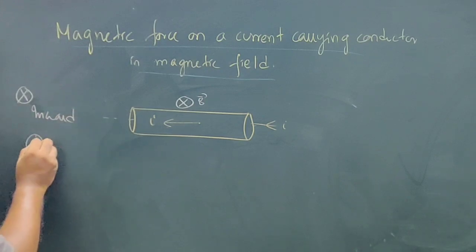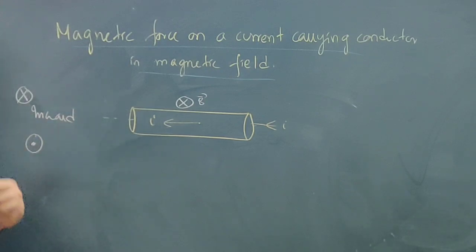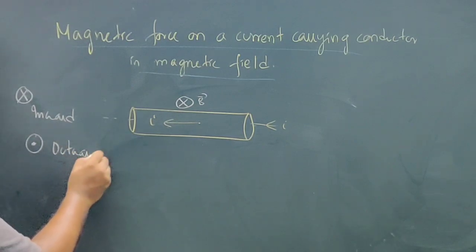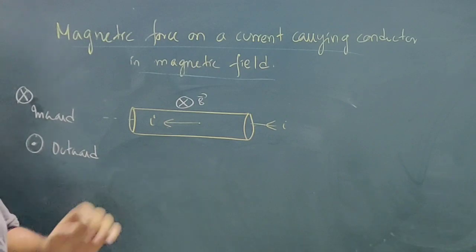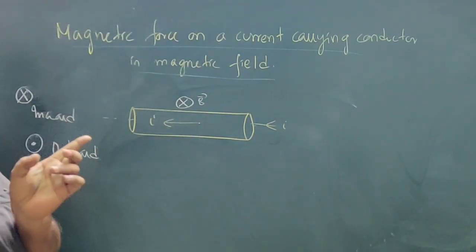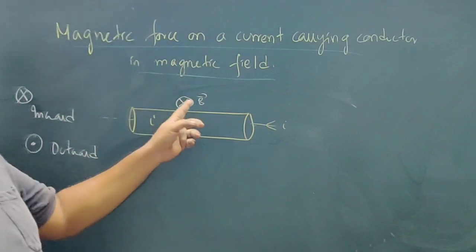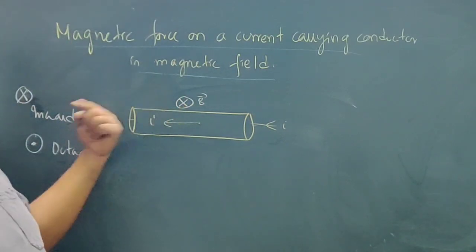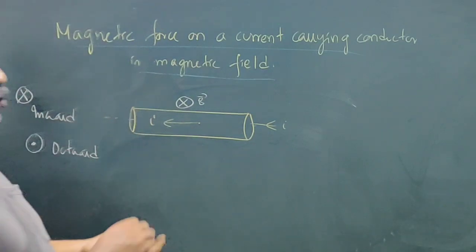And a dot means outward. It is not necessary that we use this symbol only for magnetic field. Even for current you can use it. If the current is flowing inward and I write I here, that means current is going inward. Cross means inward, dot means outward. Why?